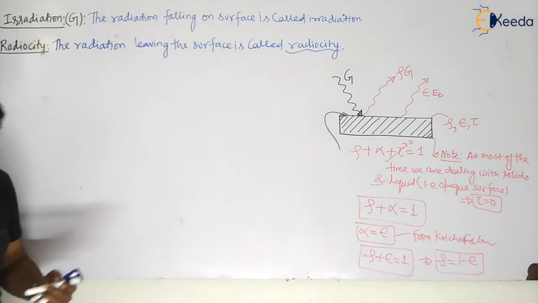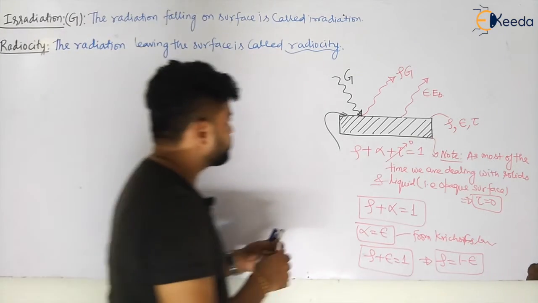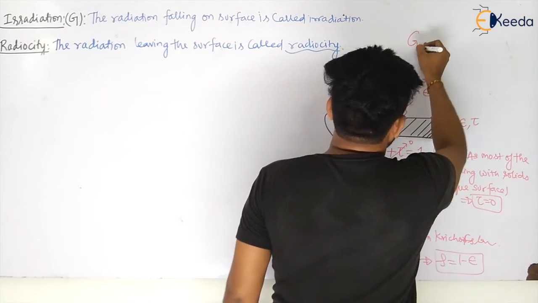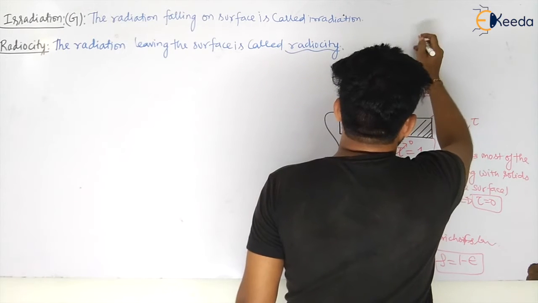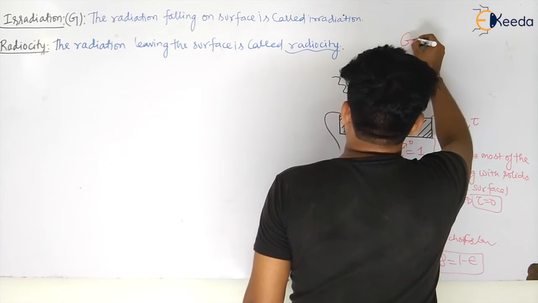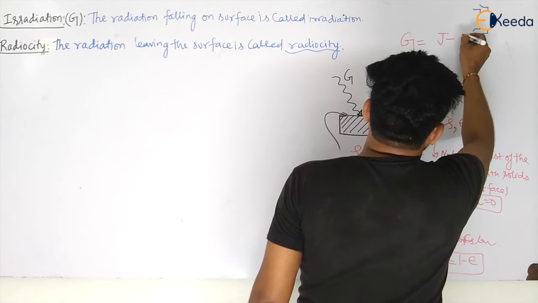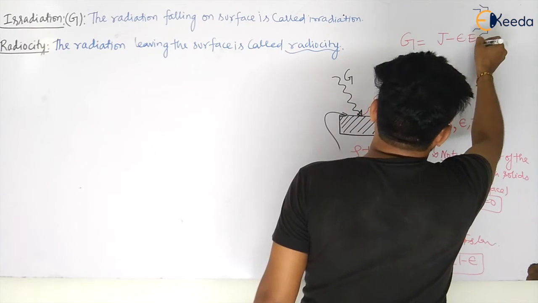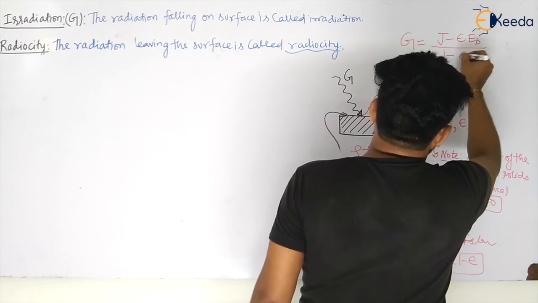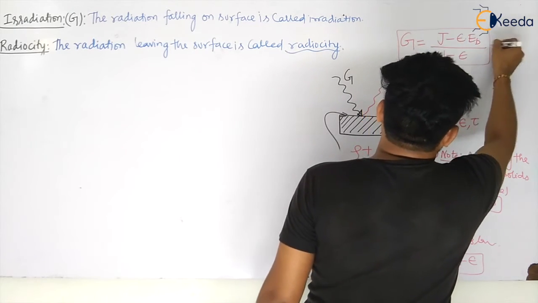So let us put this equation there so that you will remember. So this will be G or J is equal to, we have calculated the value of G, I think. So this is nothing but what? J minus epsilon E into EB divided by 1 minus E. So that was your equation 1.